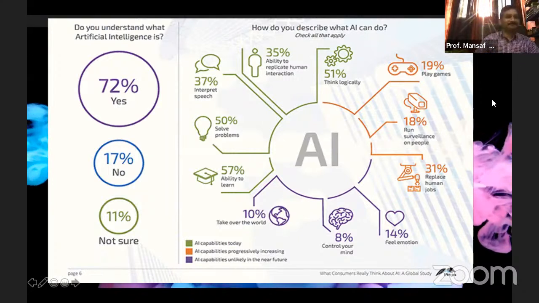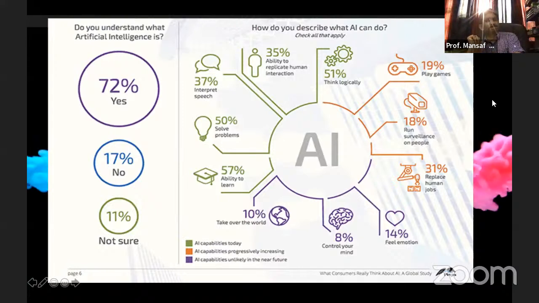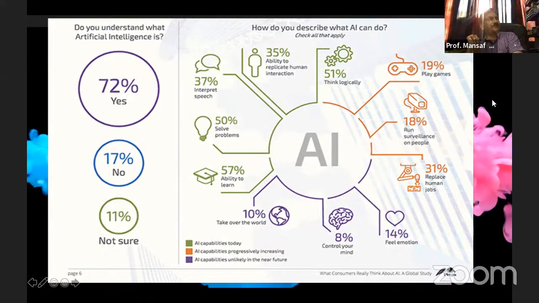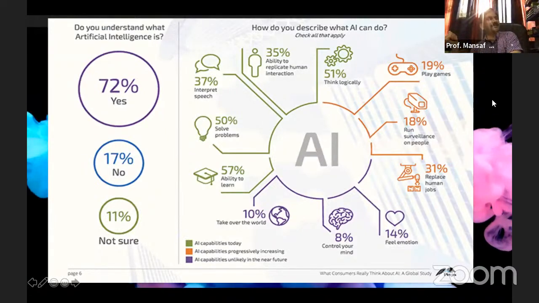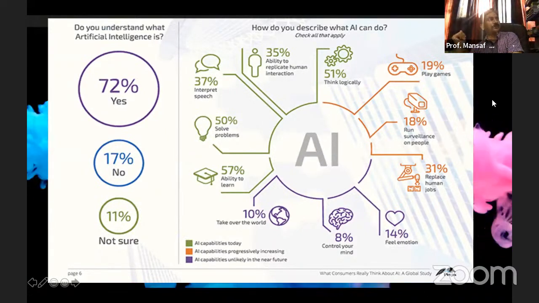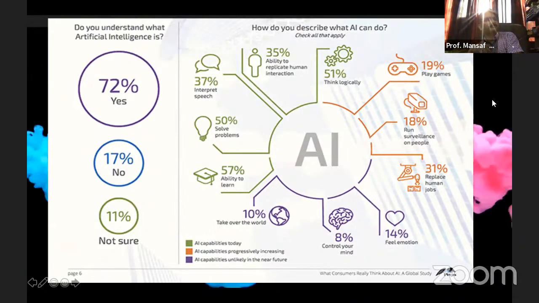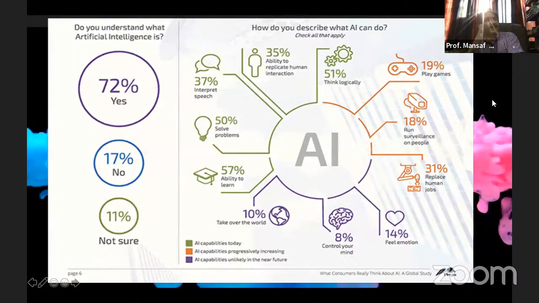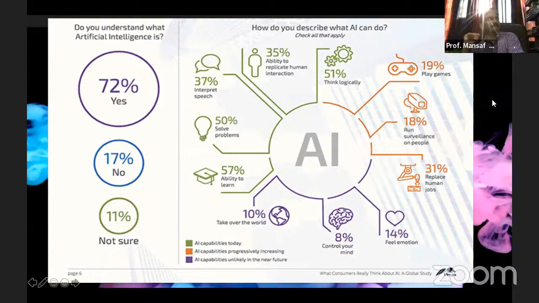Now let us see the future of artificial intelligence-based machines. 10% could take over the world. यानी दुनिया का 10% AI-based machine can take over. 8% could control your mind. Just think what will happen if your mind is controlled by a machine.